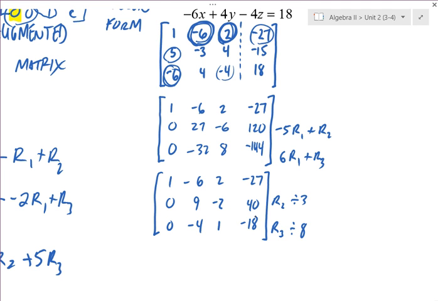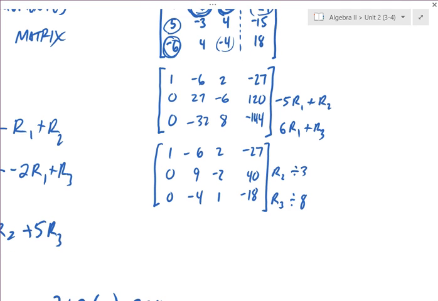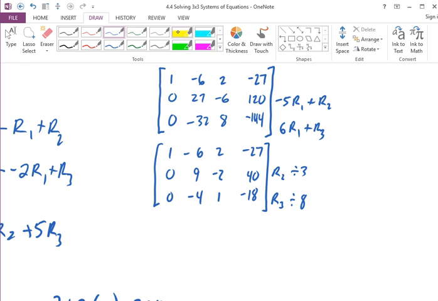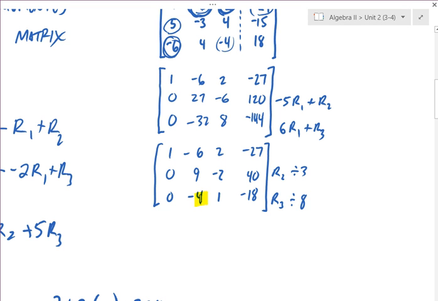Okay? Now our goal is to change this into a 0, and we don't want to use equation 1 anymore because that's going to mess up the work that we already did right here. If we did anything with equation 1, we're going to mess up that 0.